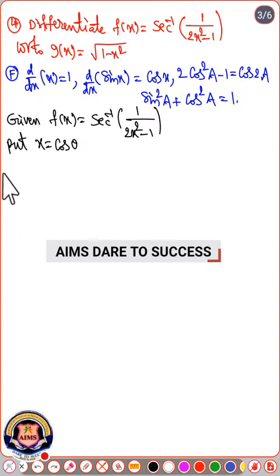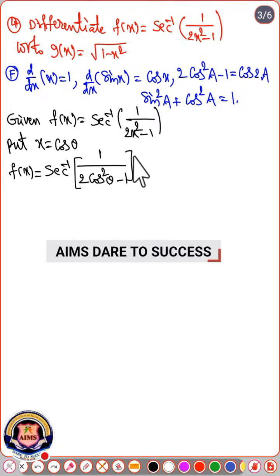In this function we get f of x is equal to secant inverse of 1 divided by 2 into x square value cos square theta minus 1, which is equal to secant inverse of 1 divided by cos 2 theta, according to that formula.